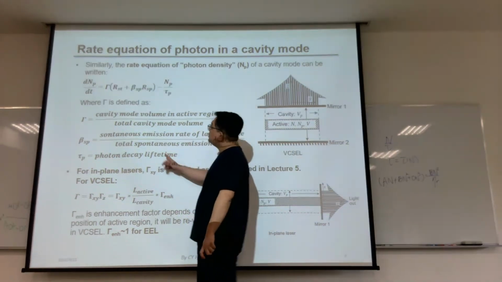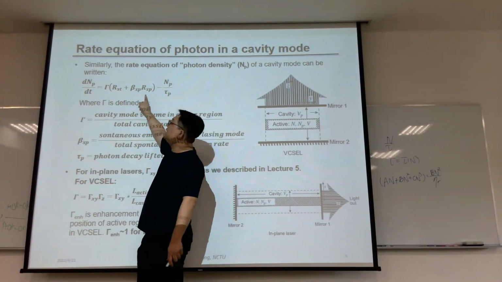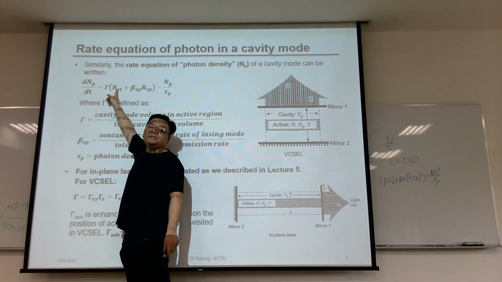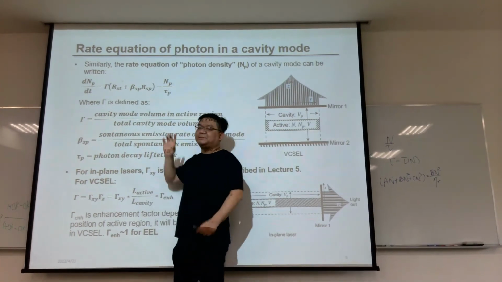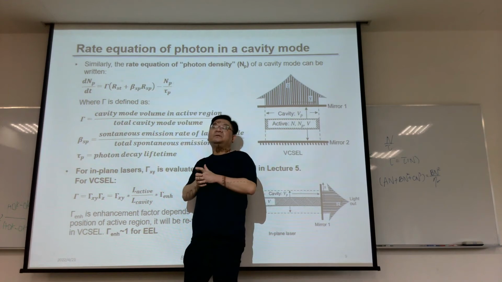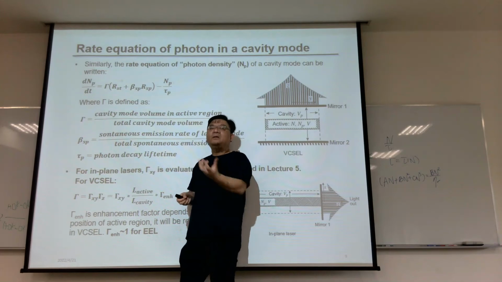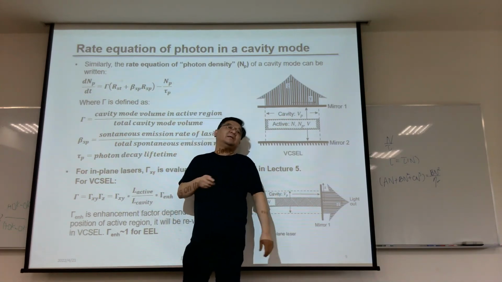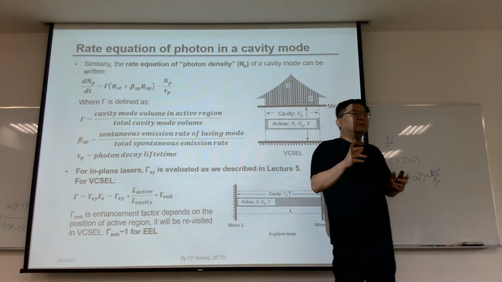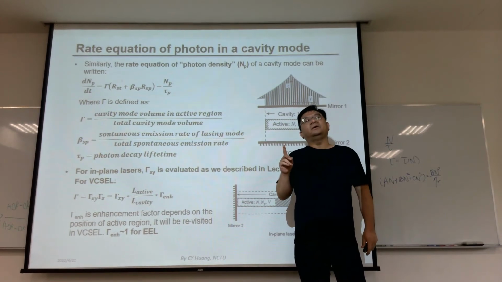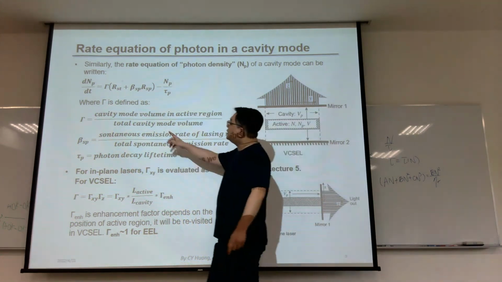The generation is the stimulated emission plus the spontaneous emission, because spontaneous emission generates photons, and stimulated emission also generates photons. But for stimulated emission in a specific mode, we discussed that we need a cavity mode first, then we have spontaneous emission. Since you have so many cavity modes, if we only care about the emission rate of one mode or one photon, it needs to be times beta SP.